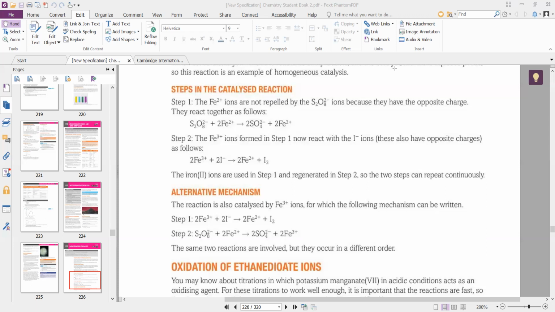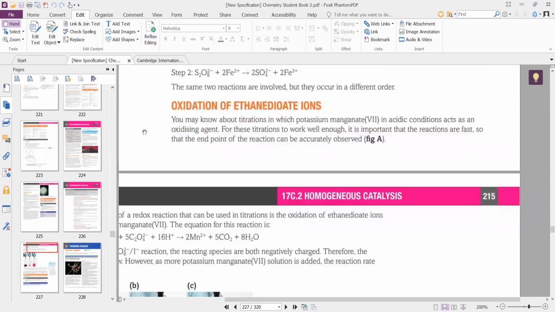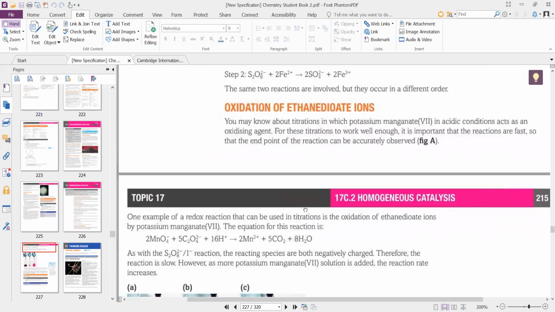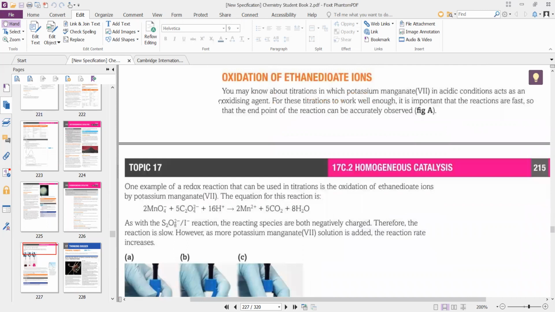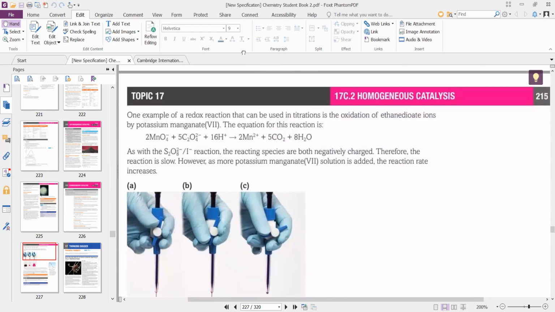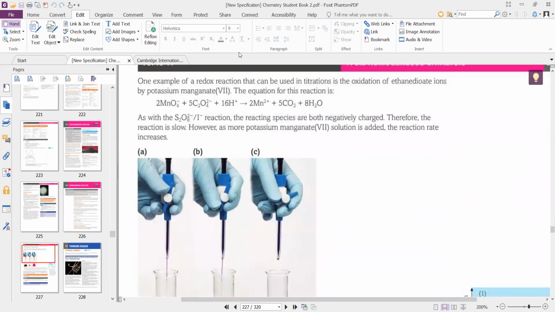Now in this case, first write this reaction. Okay, write this one. This is the example. Oxidation of ethanedioate. Just write the reaction.